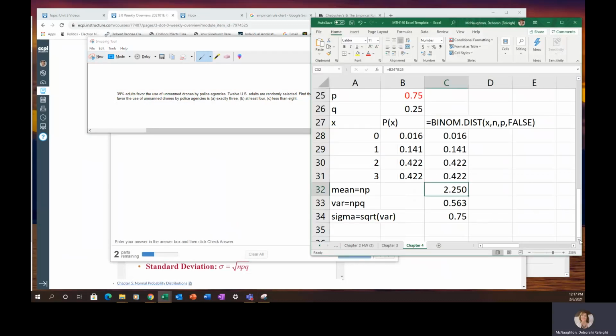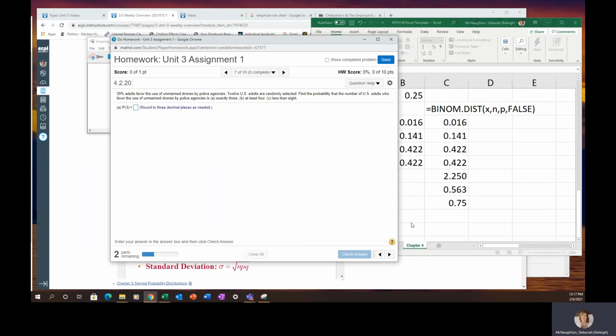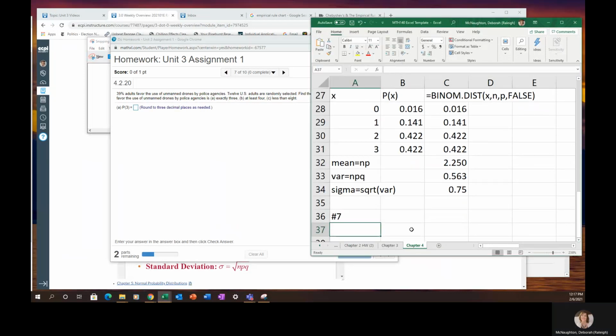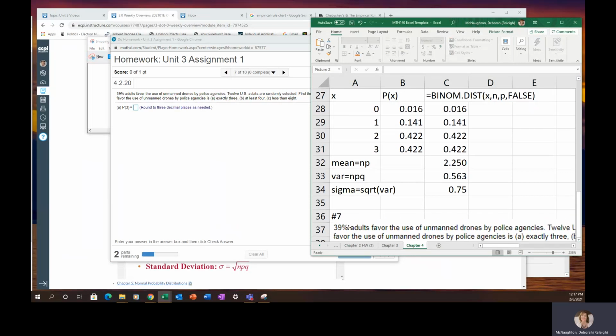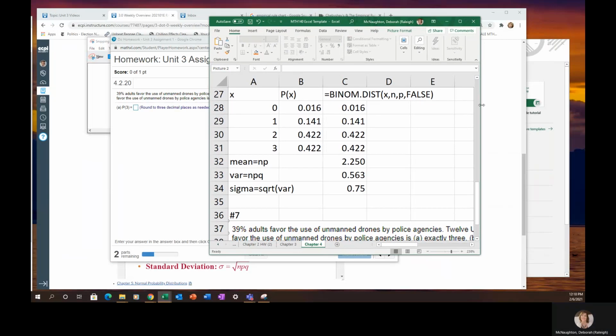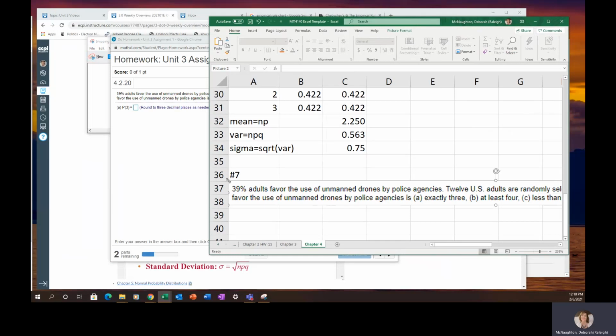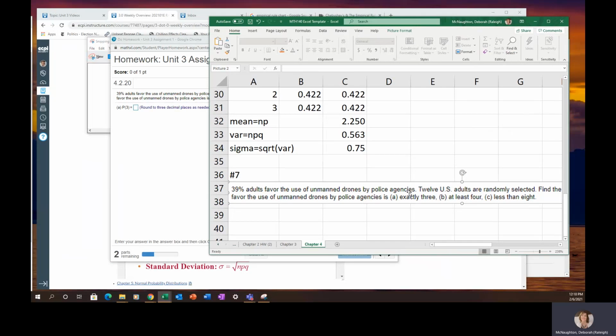All right, so this is number 7. Okay, and my problem says that 39% of adults favor the use of unmanned drones by police.